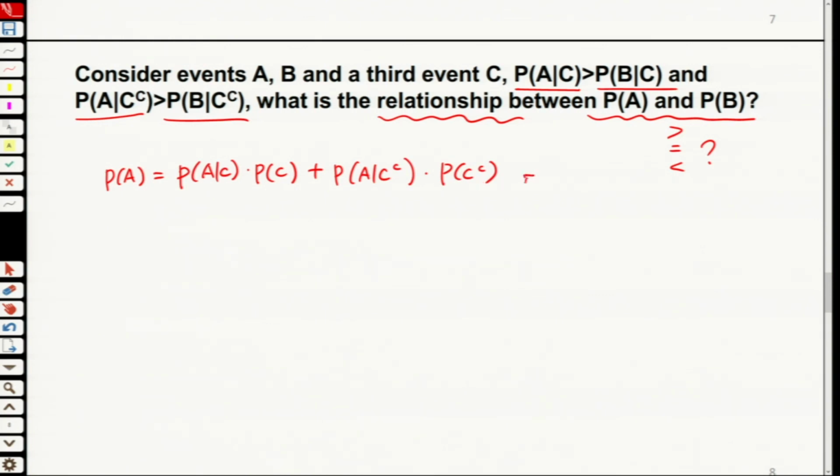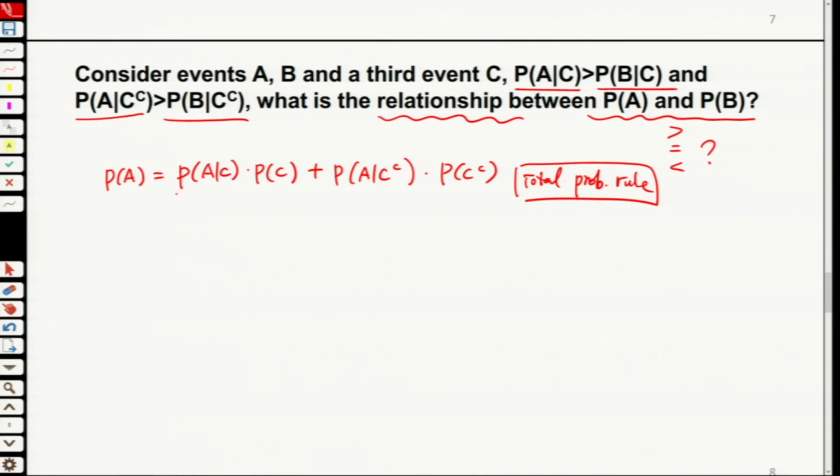What is this? This is the total probability rule. I hope this review refreshes your memory about the total probability rule, conditional probability, and the complement that we have studied before.